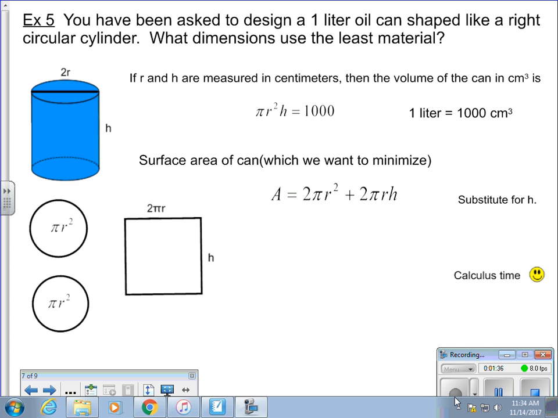Retail is a whole different story. There's more to it than just size, but you don't want to spend a lot of money on your container that you don't need. If you can save a penny on every can of soda that Pepsi sells, even if they save a half a penny, that's a lot of money in the end. It adds up in a hurry. It doesn't take much to make a major change. So this is the kind of thing where you're trying to find what will work in certain situations.